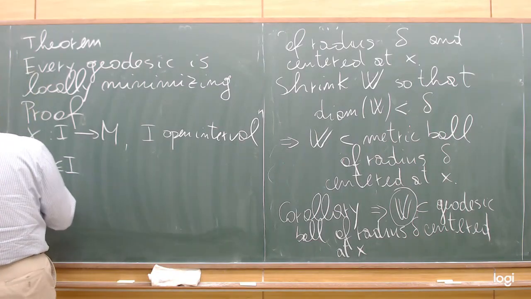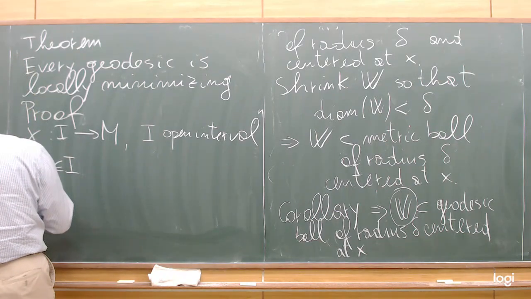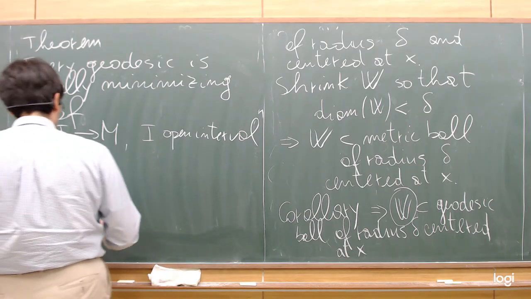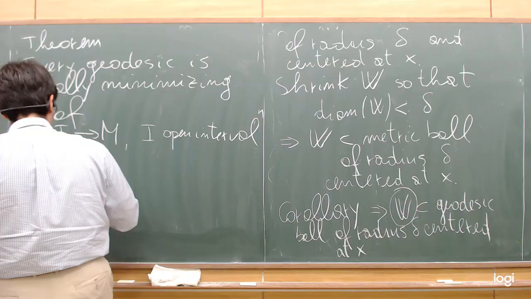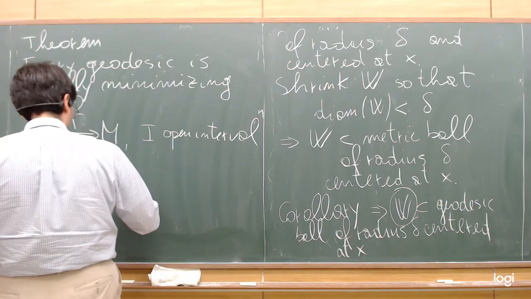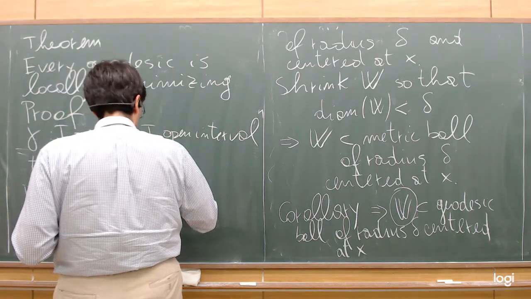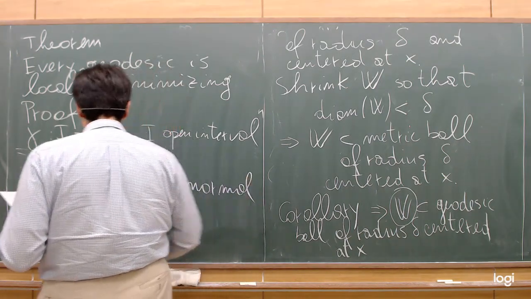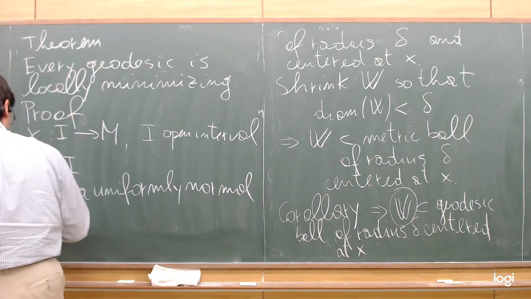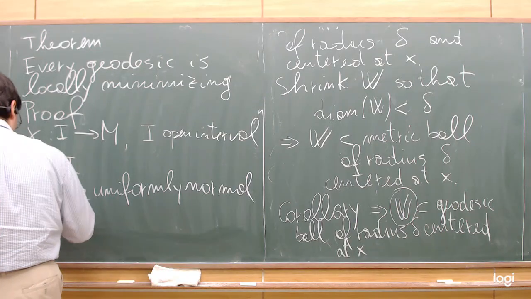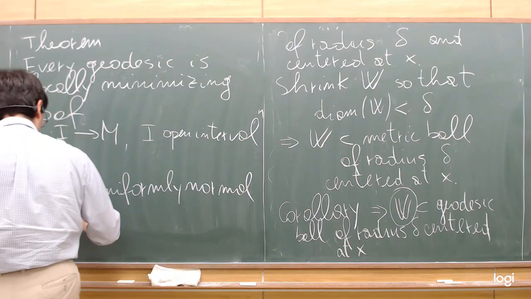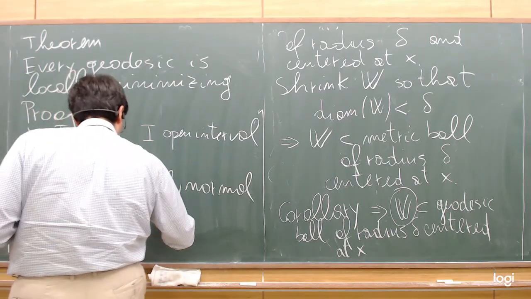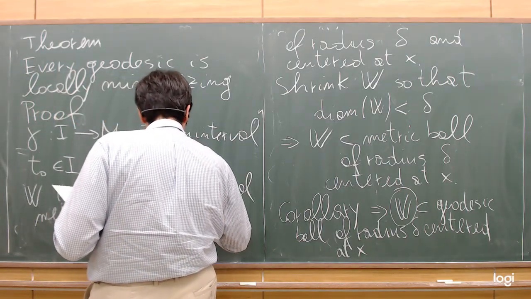Now suppose that W is a uniformly normal neighborhood of the point gamma T0.